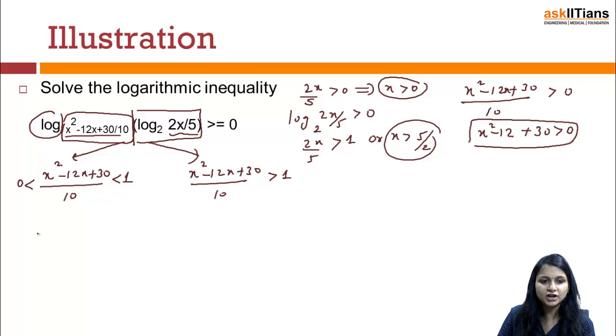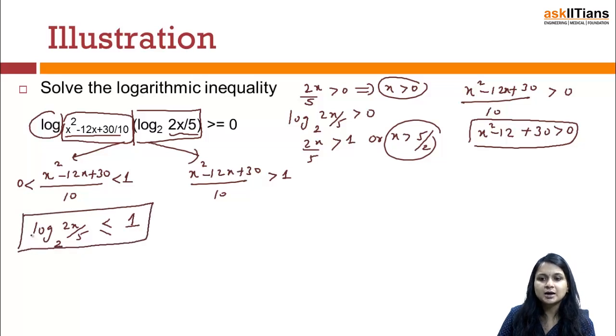That will be changed. So I will have log of 2x upon 5 to the base 2, with the sign of inequality reversed, less than equal to this whole quantity raised to the power 0, so that becomes less than equal to 1.